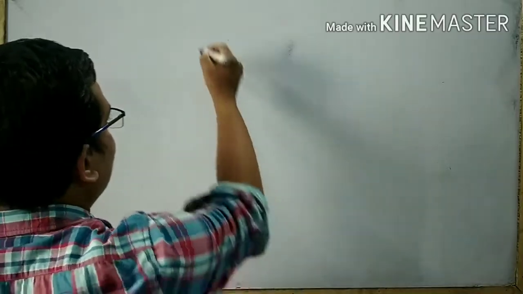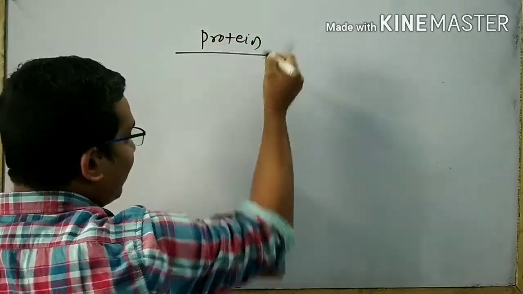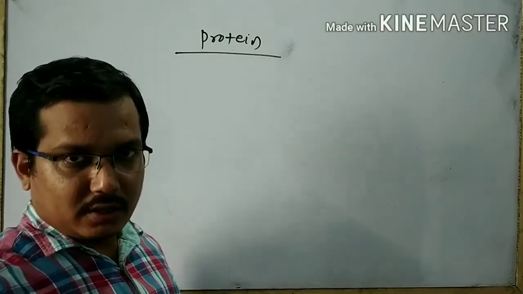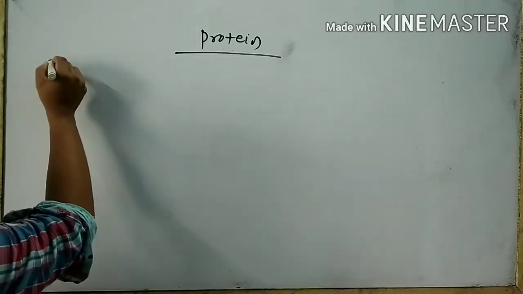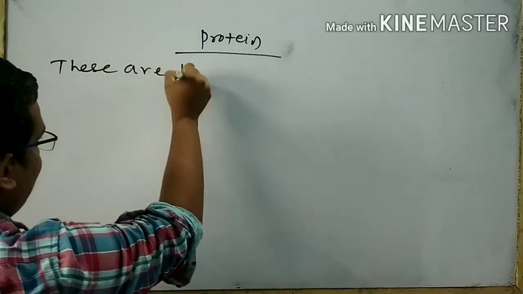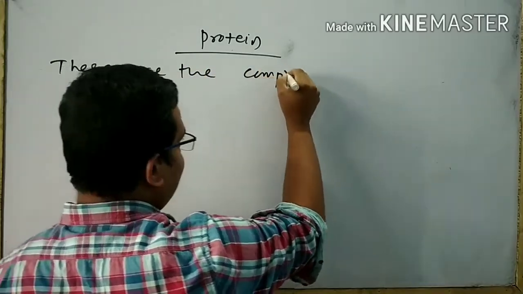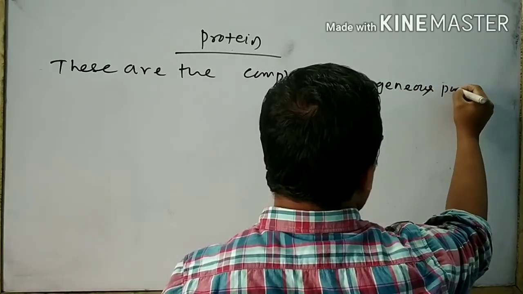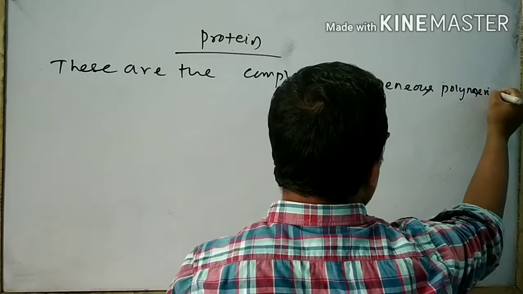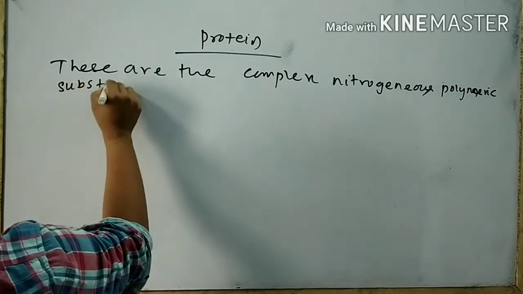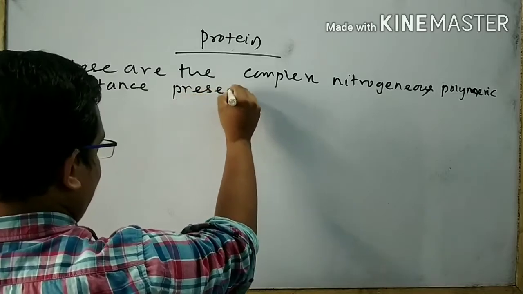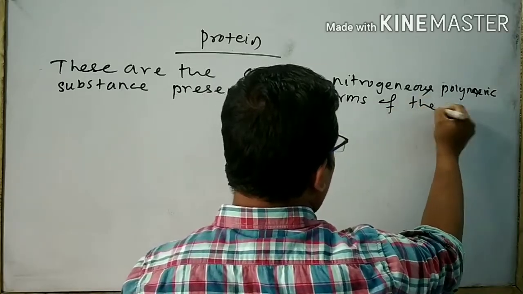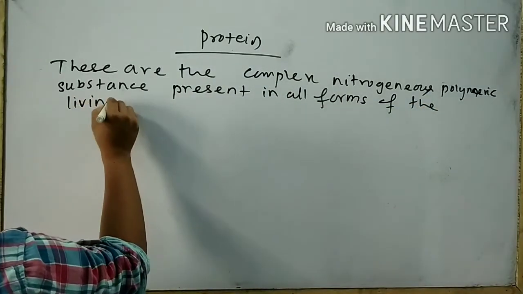Now I will discuss about protein. Proteins are the nitrogenous complex compounds which are found in all living matter. So we can write these are the complex nitrogenous polymeric substances present in all forms of the living matter.